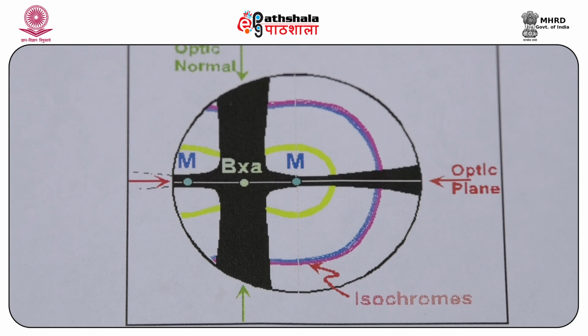When the optic plane is parallel to the vibration direction of either of the polars, as you can see here, the optic plane is parallel to one of the isogyres in the east-west direction. The isogyre crosses the center of the field as a straight bar.